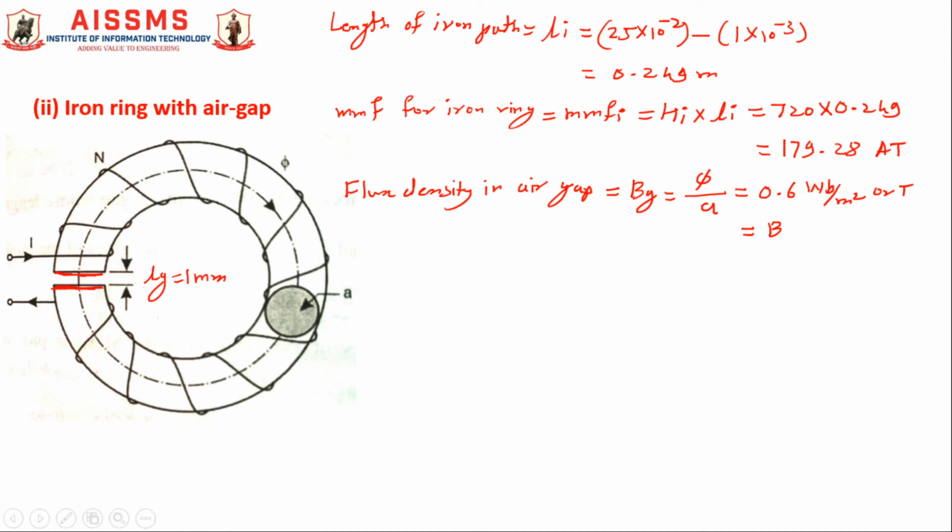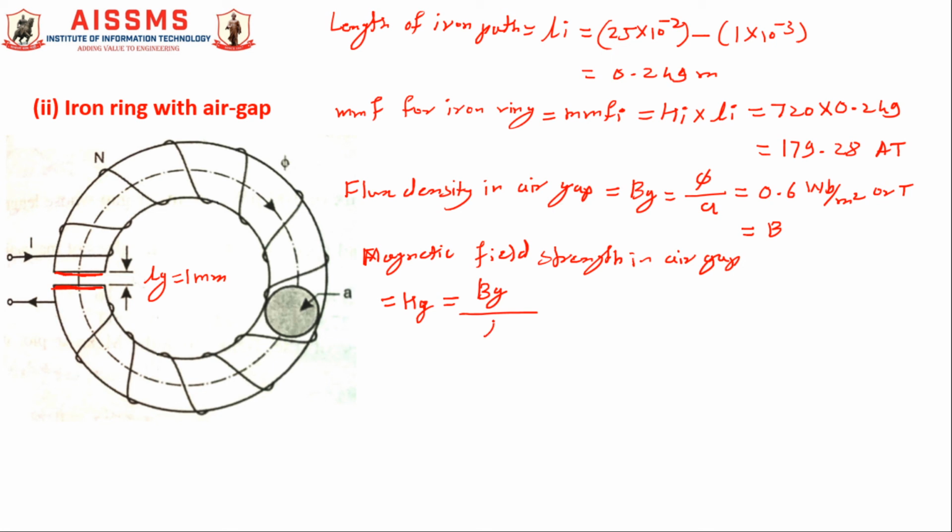Now let us find out field strength in the air gap. So magnetic field strength in air gap, Hg, is equal to Bg, that is flux density in air gap, divided by mu 0.